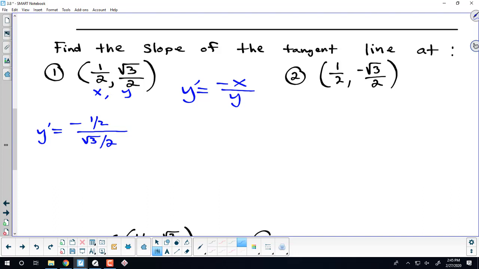So that's really the only difference. Most of these implicit derivatives will involve both x and y. All right, so right here we have negative 1 over root 3 for that one. That's the slope of the tangent line at that point, or negative root 3 over 3.